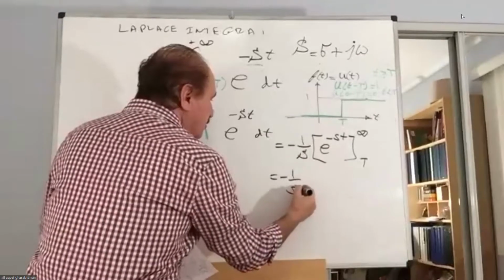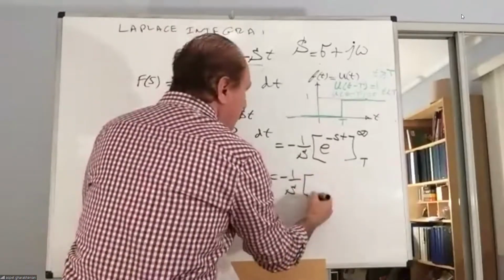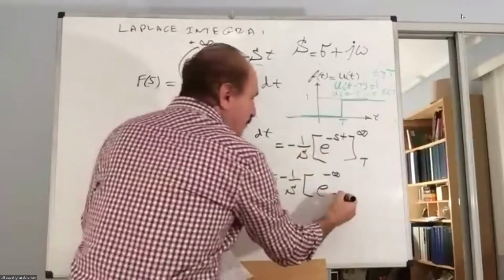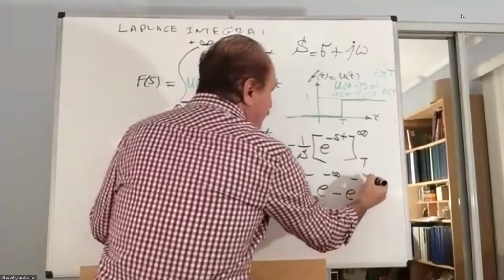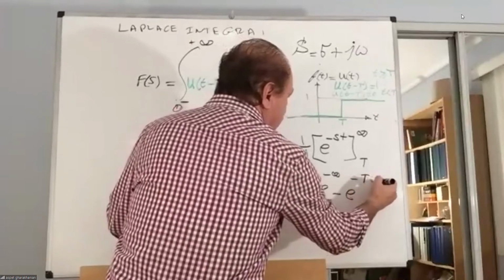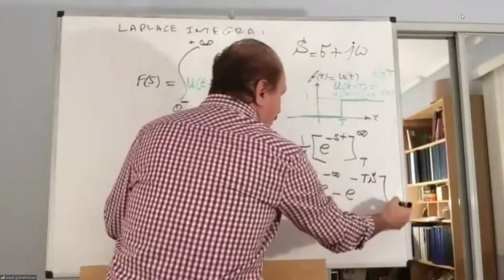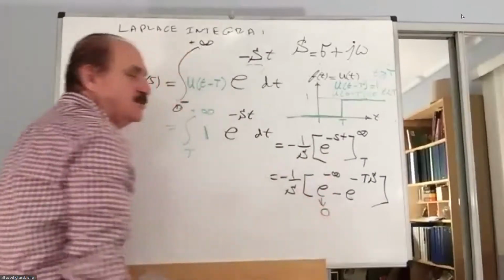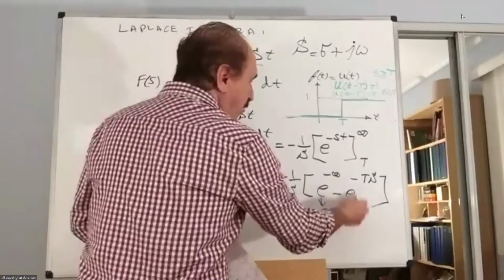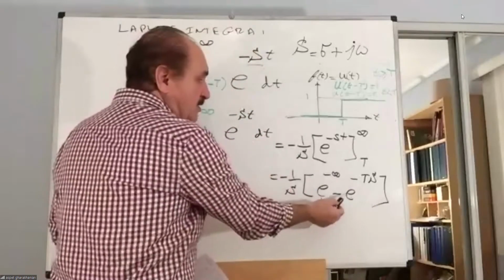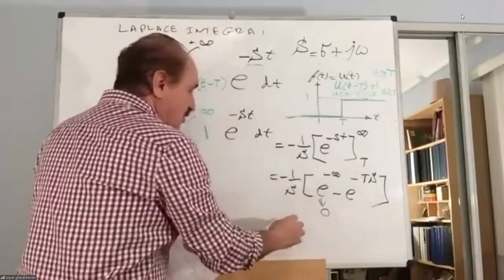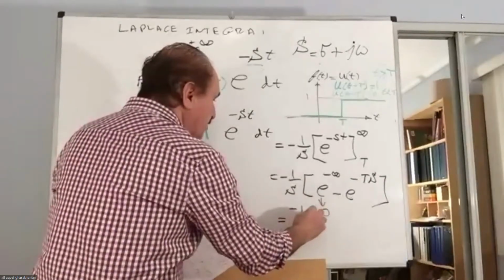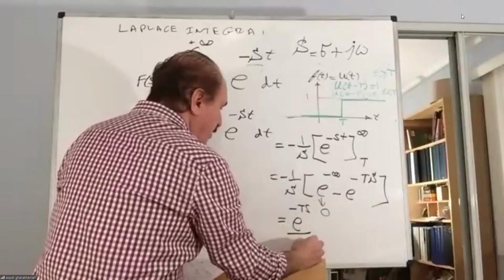Work this out. Minus 1 upon s is equal to, first top, e to the minus infinity, then the bottom, e to the power minus Ts. Close it. This part will go to 0, e to the minus infinity. That part will stay as minus e to the power minus Ts. The total outcome will be equal to e to the power minus Ts over s.